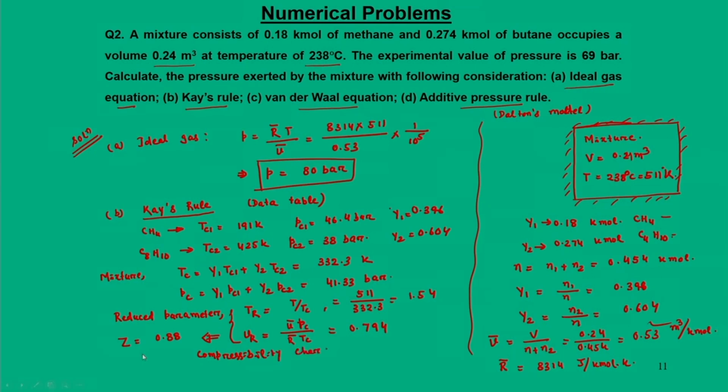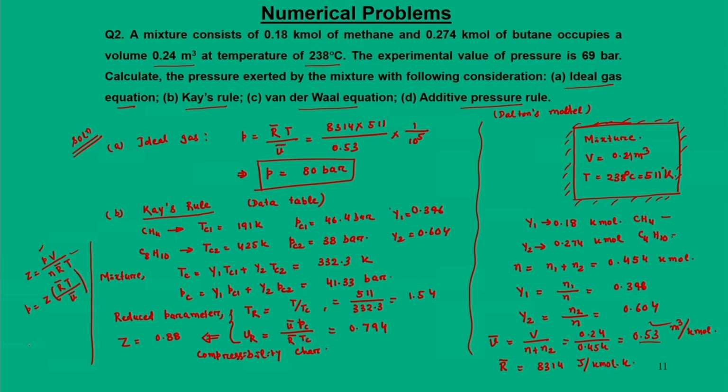Okay. So, through the compressibility chart we get Z, but knowing Z we require P. Z we can write as PV by N R bar T. All the numbers we know, what we do not know is P. V by N is 0.53, temperature is 511, then P is equal to Z into R bar T by V bar.